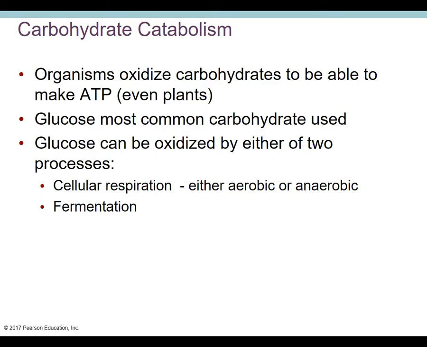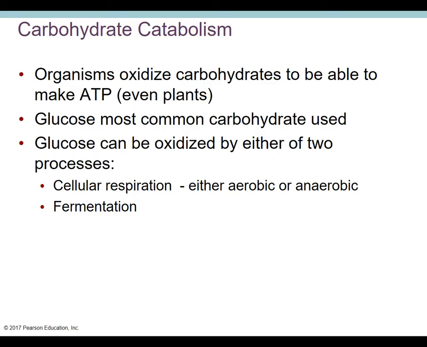And we're going to hit on a few types of glucose oxidation. The main types are cellular respiration, and that can be either aerobic, meaning with oxygen involved in the process, or anaerobic, meaning no oxygen involved in the process. And by oxygen, I mean atmospheric oxygen, O2.